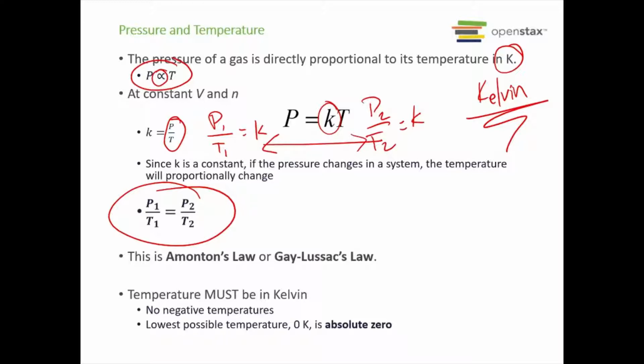So as long as you know 3 of these, you can solve for the 4th one. Again, your temperature must be in Kelvin when you do this calculation. So if you're given a temperature in Celsius, you need to convert it to Kelvin and then do your solving.